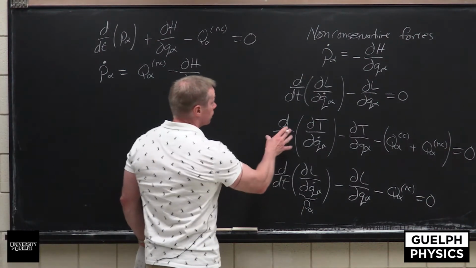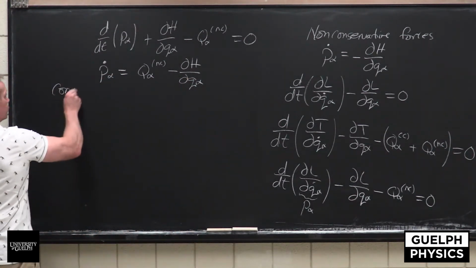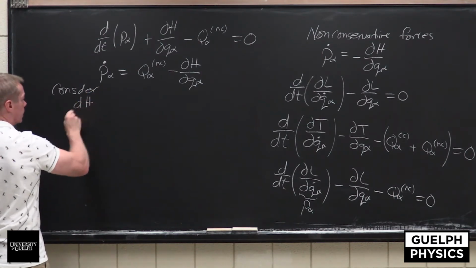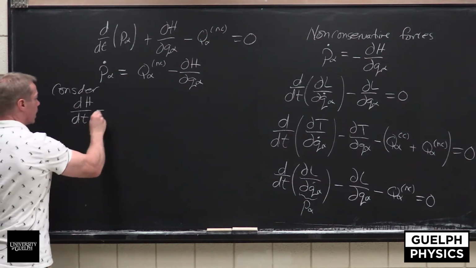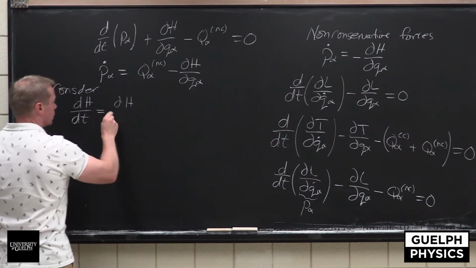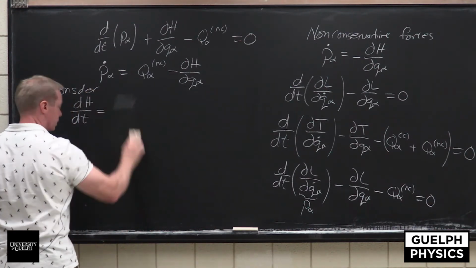So now let's look at the time dependence of our Hamiltonian. So we're going to consider dH/dt. And this is equal to, so I should have my summations here.